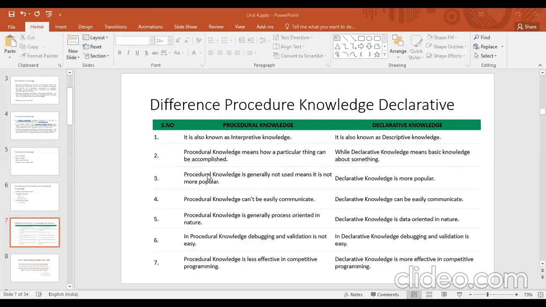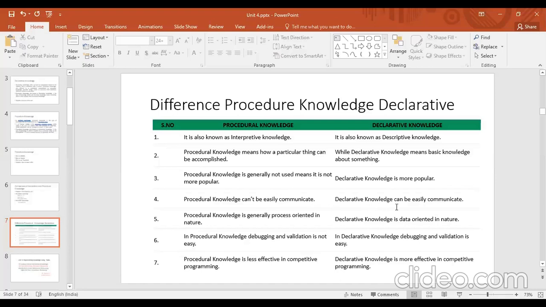The third difference is that procedure knowledge is generally not used, meaning it is not as popular, and declarative knowledge is more popular, right? Now the fourth difference: procedure knowledge can't be easily communicated, because all users have different processes to solve their problem, right? So you can't communicate easily.